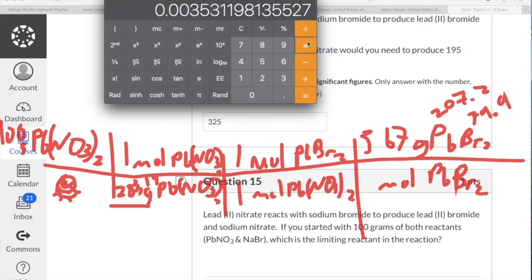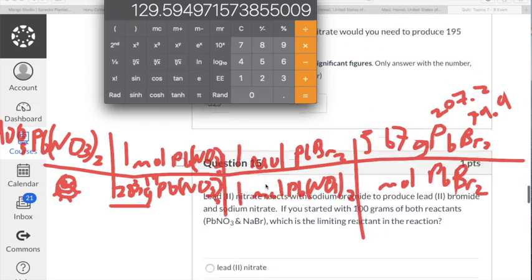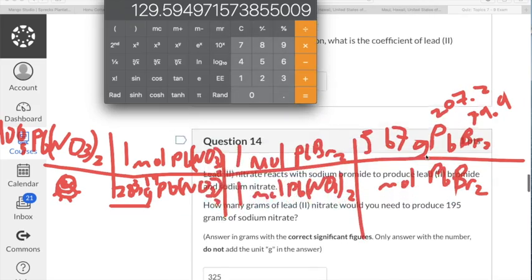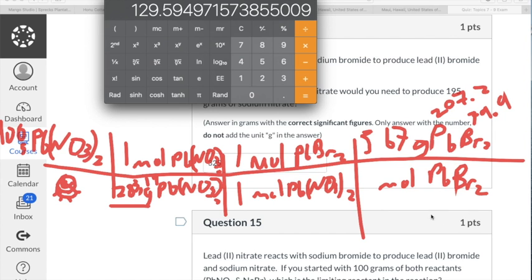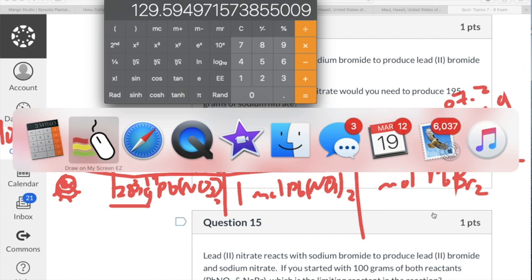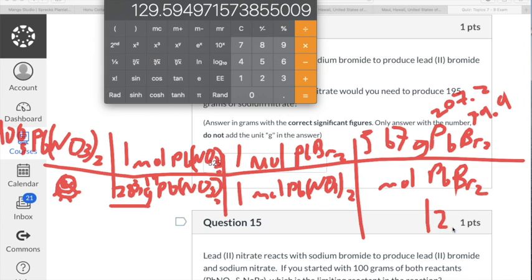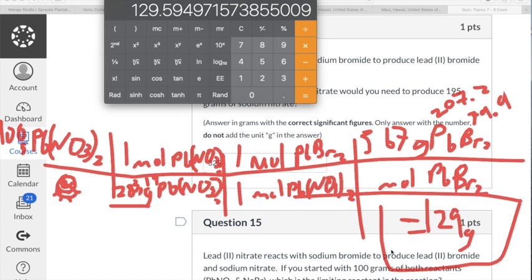And then multiply all that by 367. And we get 129 grams. So this one is 129 grams of my PbBr2. I'm going to go ahead and write that down on my scratch piece of paper.